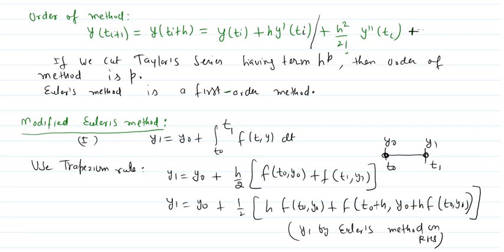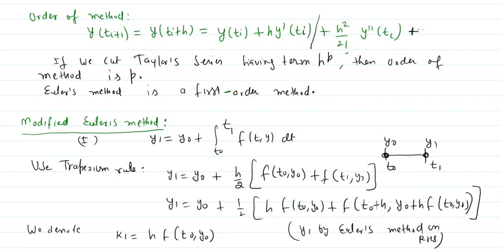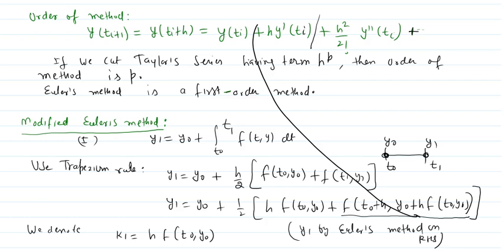So we denote k1 equal to the first term, h f(t0, y0), and k2 is the second term in the bracket, that is h f(t0 plus h, y0 plus h f(t0, y0)).